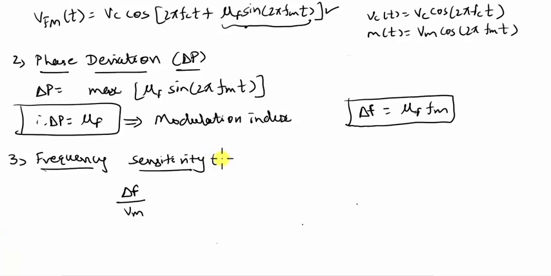Now let us quickly figure out what this ratio represents in terms of notations. If I want, I can use some new notation, let's say a constant k, but it is not required because we have already defined this ratio in the form of some important expression. So let us see what delta f by Vm is. Now if you remember, we have just now calculated delta f as mu f into fm.